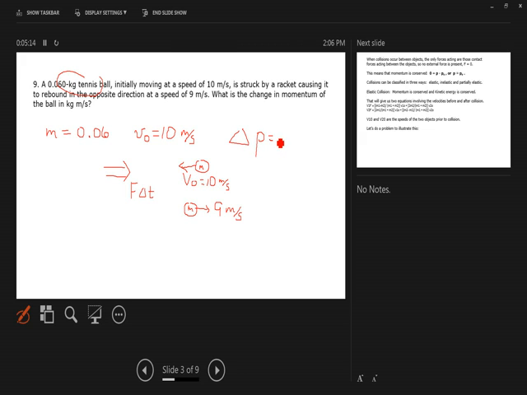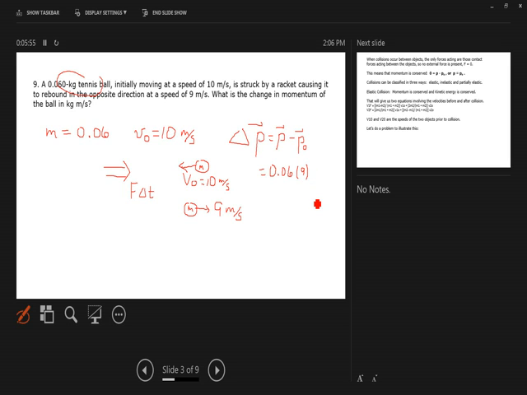Delta P is defined as your final minus your original. We want to be a little careful here. These are vector quantities. So I probably thought we were done with vectors, but we're not. So the final momentum is the mass of the ball times the final velocity. And I've drawn the final velocity as being to the right. So we have the mass of 0.06 times 9.